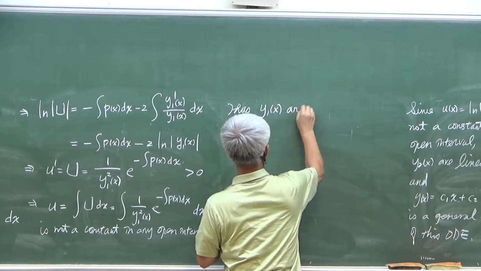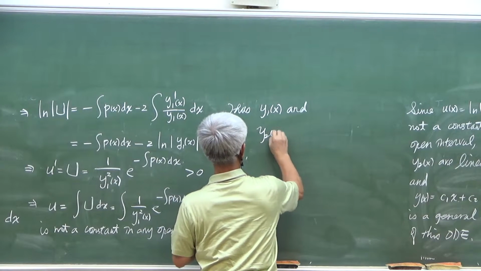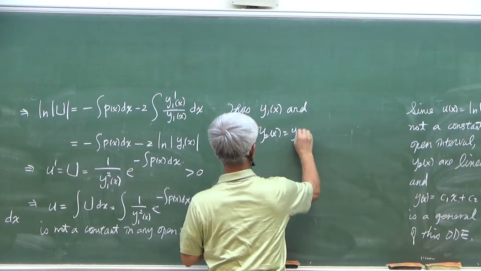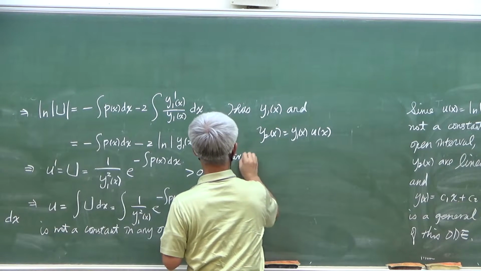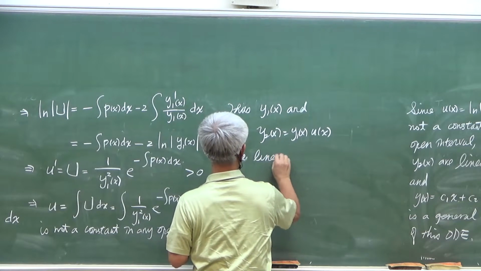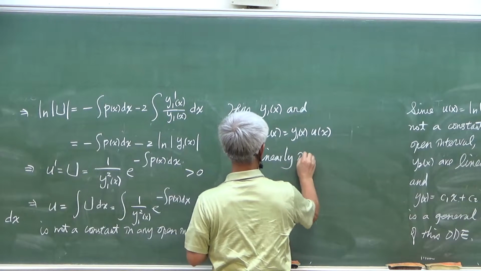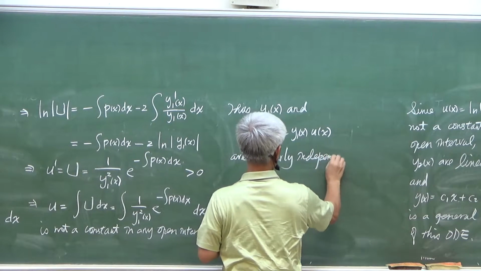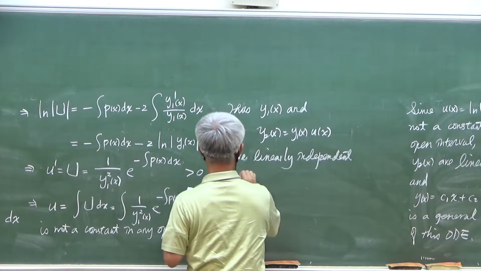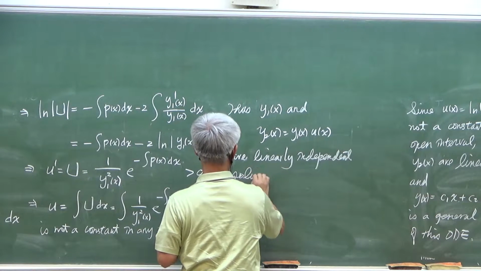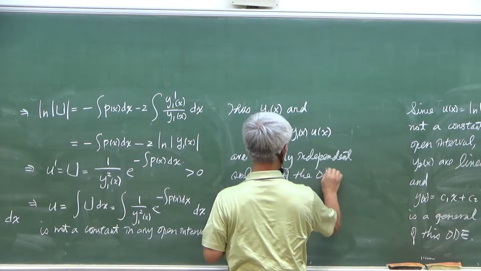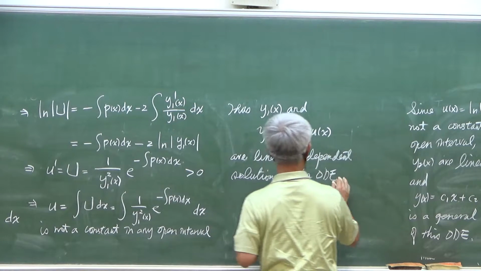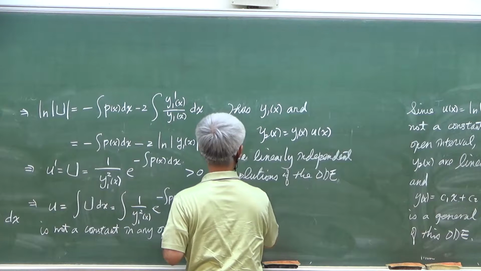So y1(x) and y2(x), which is equal to u(x) y1(x), are linearly independent solutions.